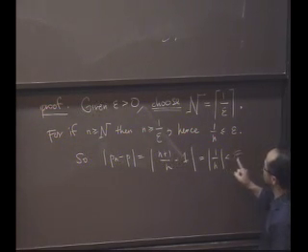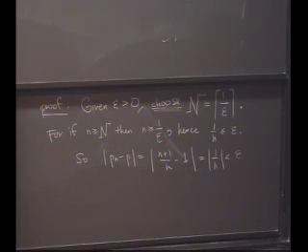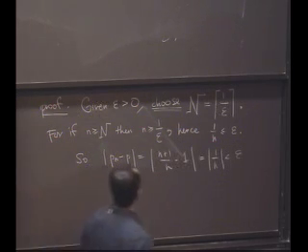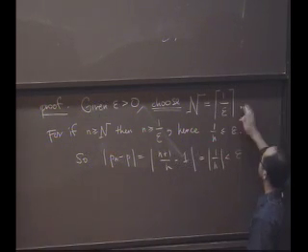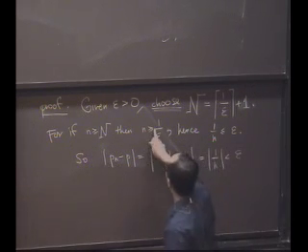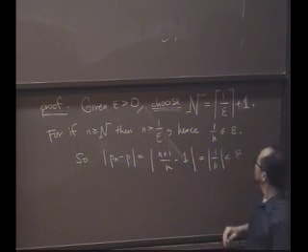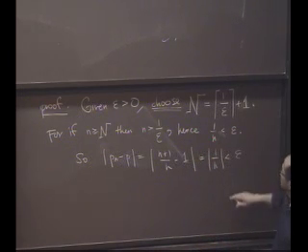And so I want to make this strictly less than. So how can I adjust this to make it strictly less than? How about adding 1 here? Then this is definitely strictly bigger than 1 over epsilon. This is definitely strictly less, and we have the desired inequality. Okay.